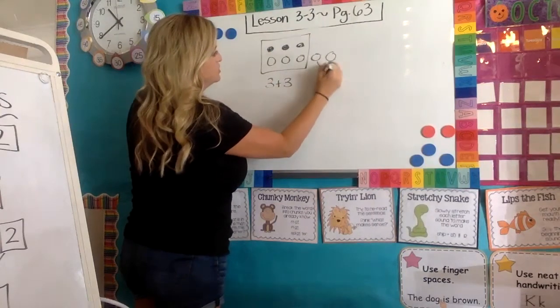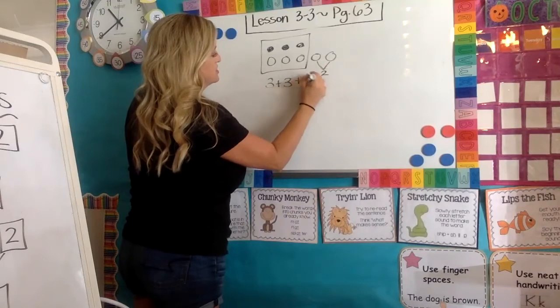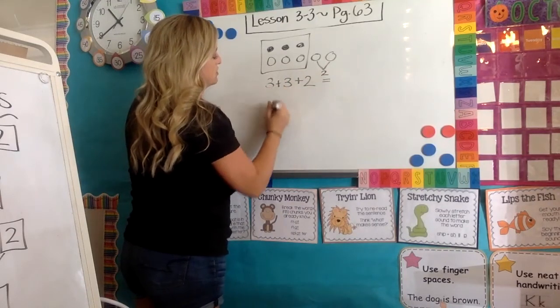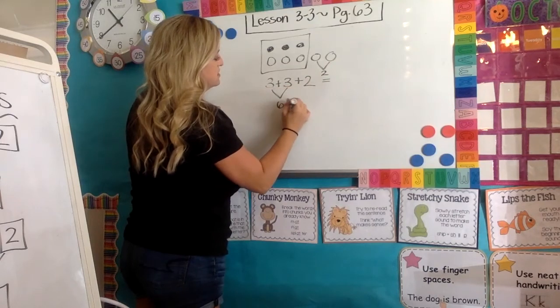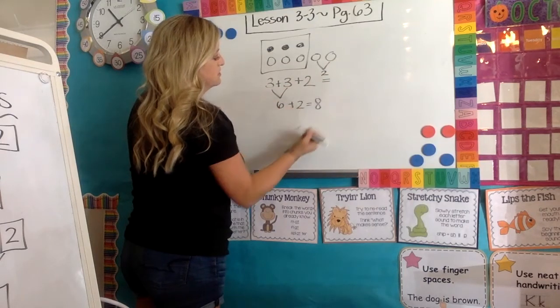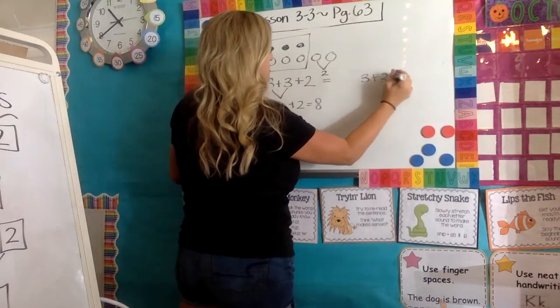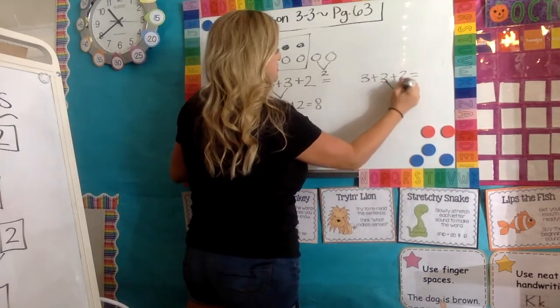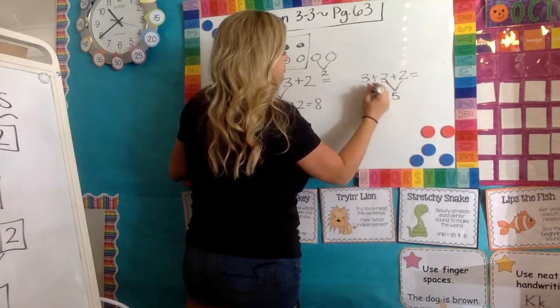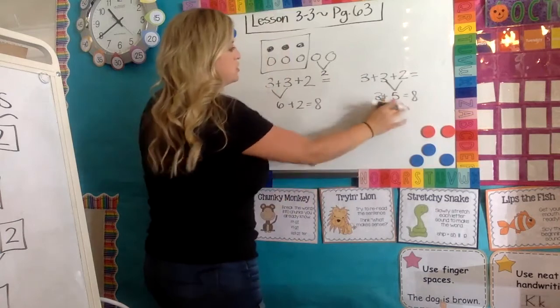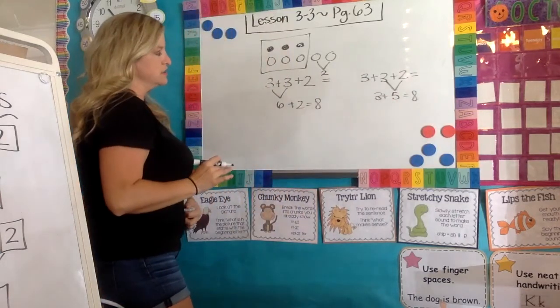But then you have these 2 hanging over here. Plus 2 equals, you could do 3 plus 3 equals 6. 6 plus 2 equals 8. Or you could solve it this way, 3 plus 3 plus 2. You could say 3 plus 2 equals 5. Drop down the 3. 3 plus 5 equals 8. Either way, I got 8.